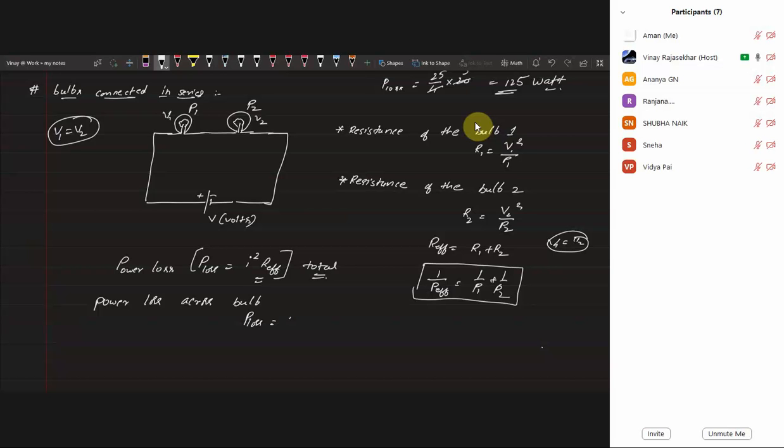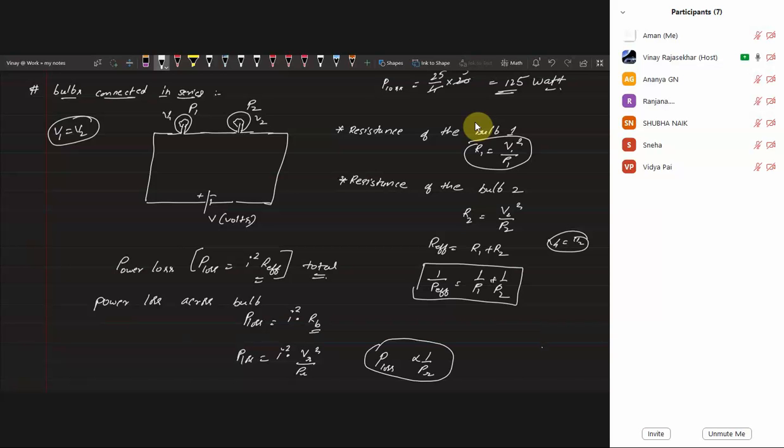Across the bulb, power loss can be taken as I square into the resistance of the bulb. From this we calculated the resistance of the bulb, that is rated potential square by rated power. Now from this concept we can take power loss is inversely proportional to the rated power.